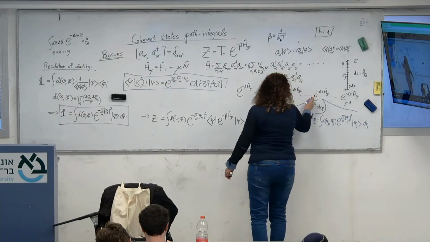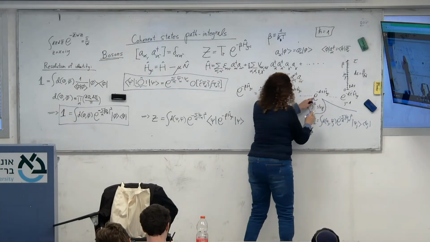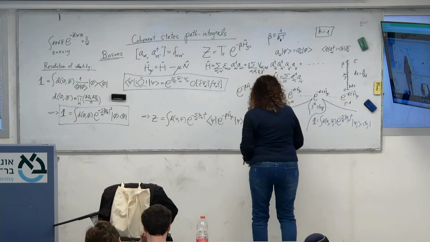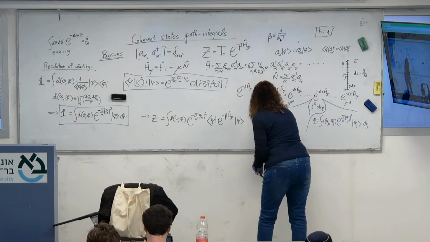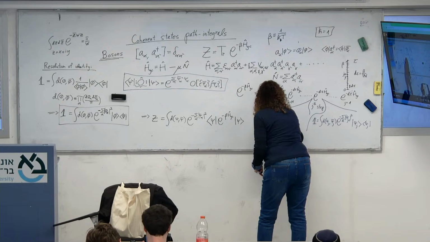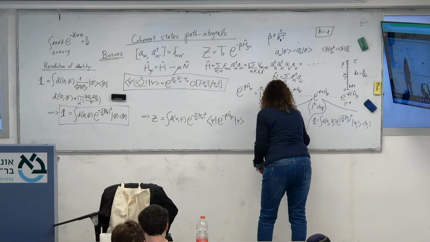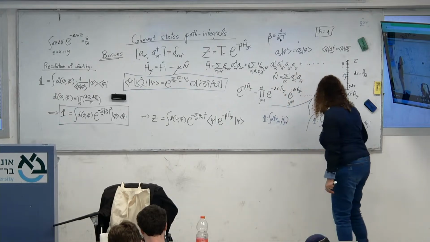And this resolution of identity to the left of the operator, I write as basically the same thing, but now it is a different coherent state, psi j plus 1.